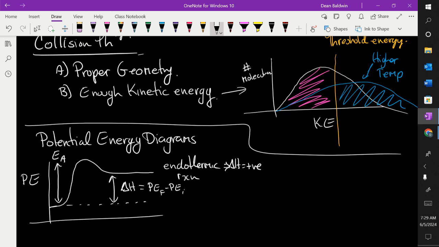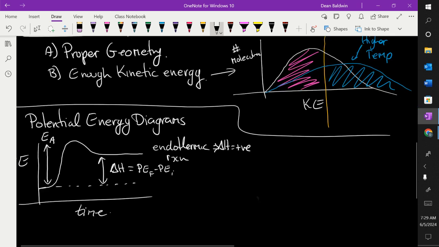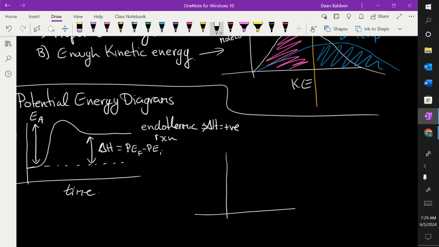All right, and this is, I guess, time down here. And endothermic reactions absorb energy, and then exothermic reactions, you start at a higher and you end lower. You still have the activation energy there. Your delta H is the difference between the start and the final. And this is an exothermic.